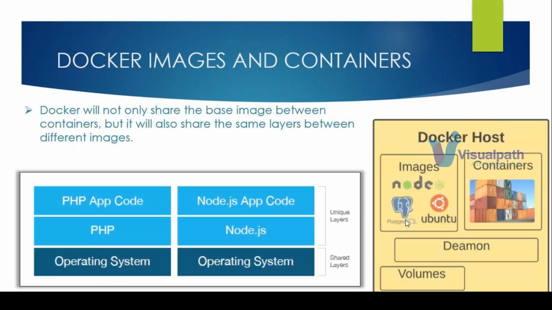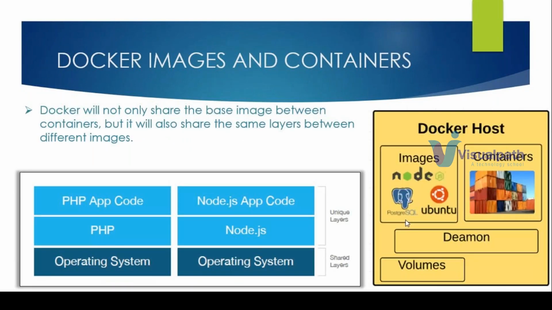Okay, Docker images and container. So Docker will not only share the base image between containers, it also shares the same layer between different images. With this example, you can see that there is an operating system, then on top we are using PHP based dependencies and PHP application code.